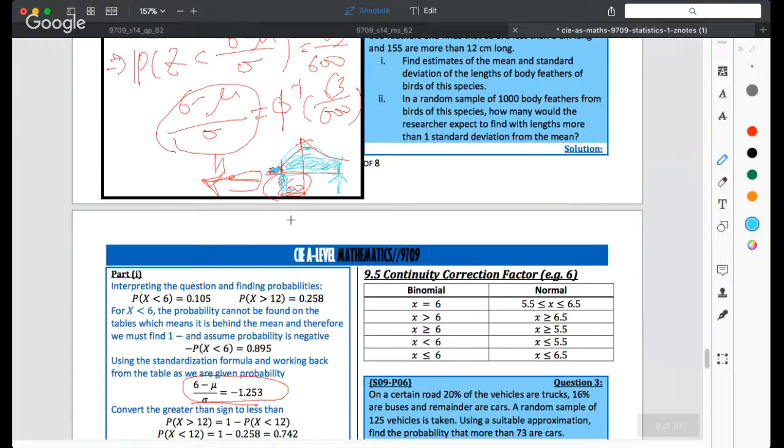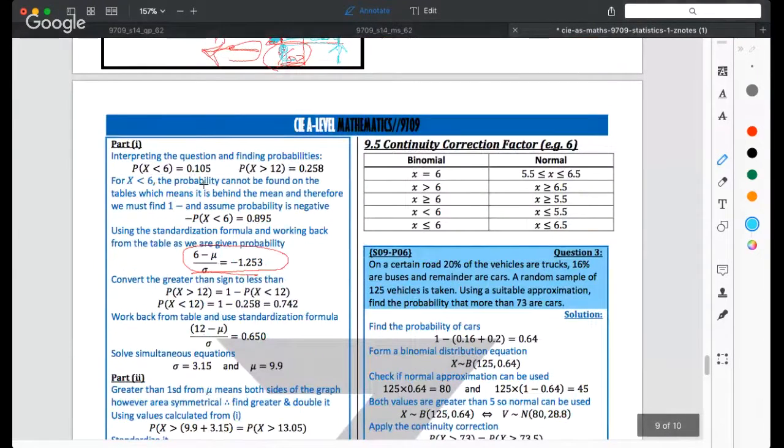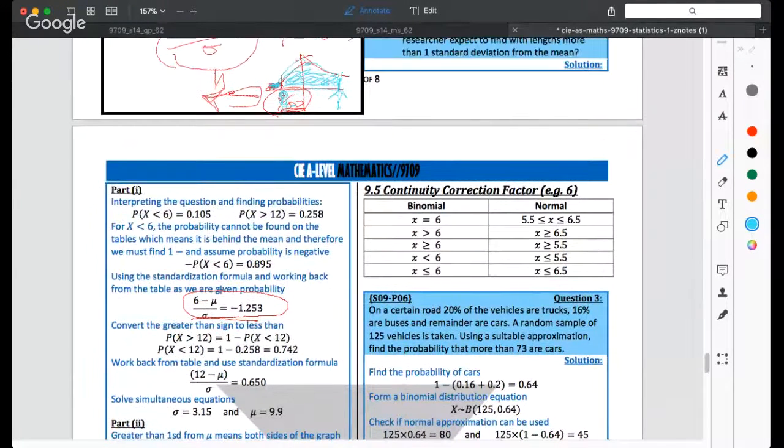So in this case, 63 over 600 is 0.105, which is too small to be found on the normal distribution table. So we use 1 minus this part to get 0.895. And we found the value for this is 1.253. So it means that the value for 0.105 should be minus 1.253.